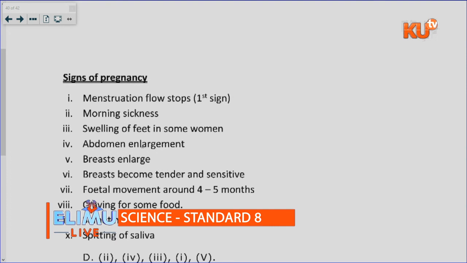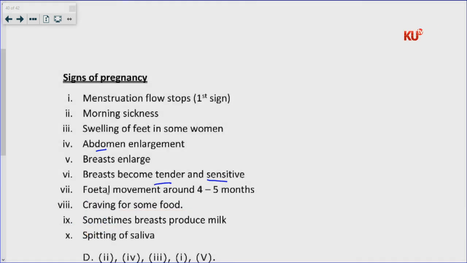We have abdominal enlargement, or the abdomen enlarges. The breasts enlarge, become big, and apart from becoming big, they become tender and very sensitive. Then we have fetal movement, which is felt around 4 to 5 months. Craving for specific foods.